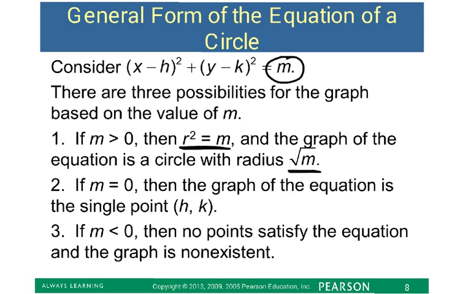If m is equal to 0, it's just a single point on the graph located at (h, k). And if our value of m is less than 0, then this is a non-existent graph, we don't have a graph at all.